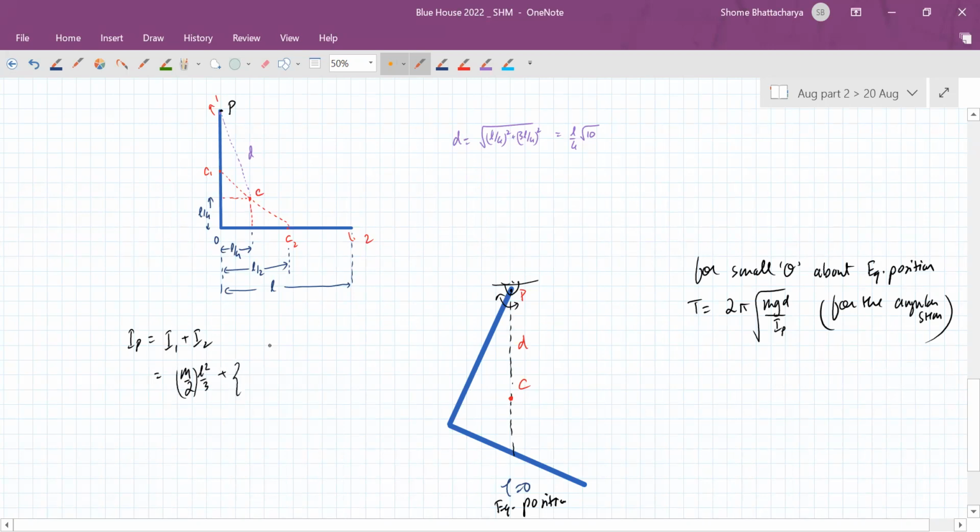For the second one, we'll have to use the parallel axis theorem.